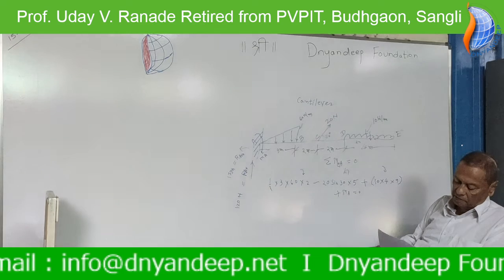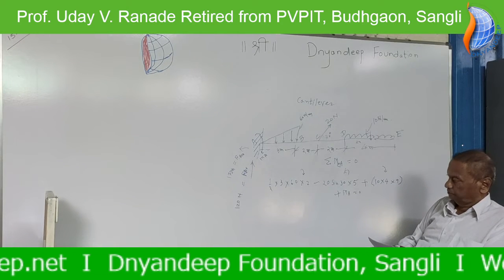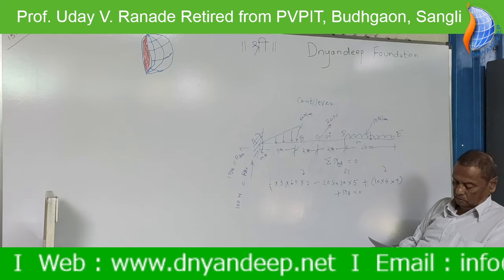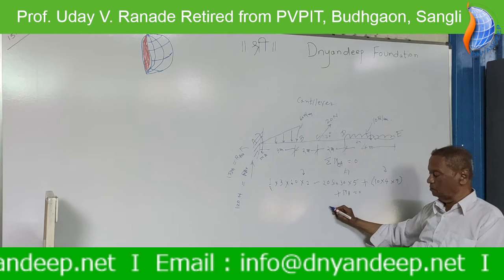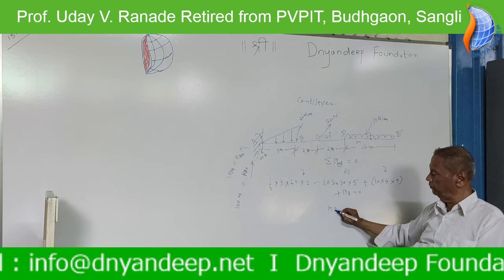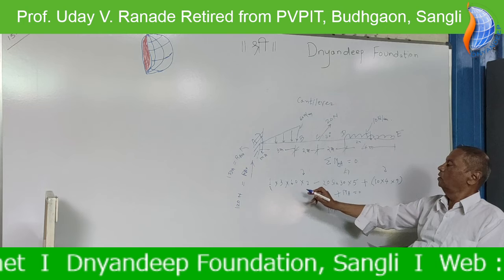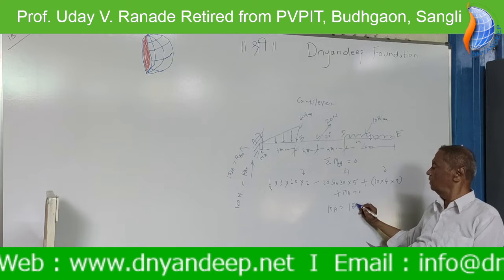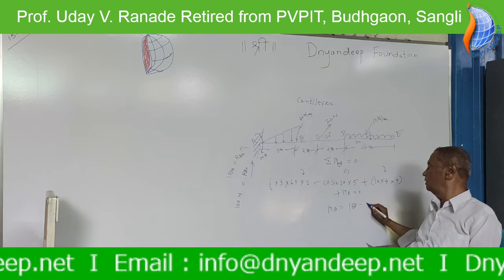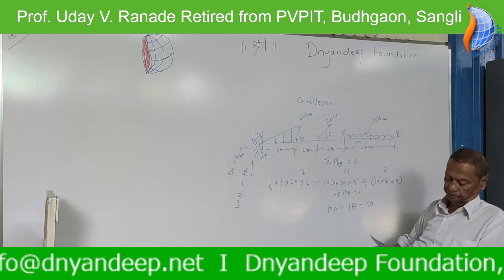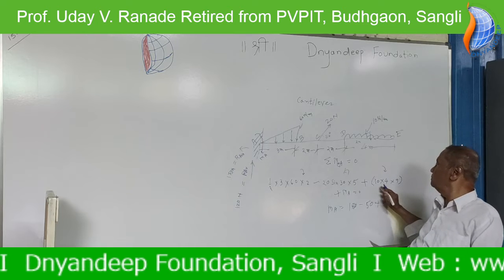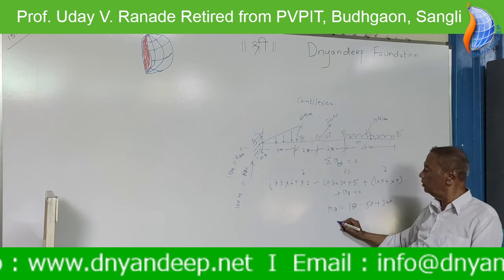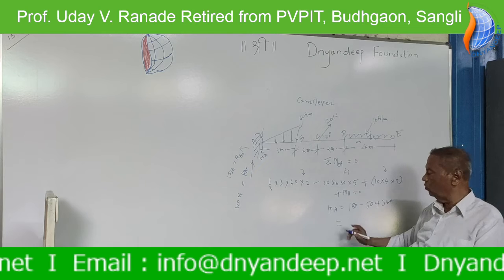After solving, MA equal to 90 into 2, 180, minus 50, and plus 40 into 9, 360, and after calculating it comes 490.